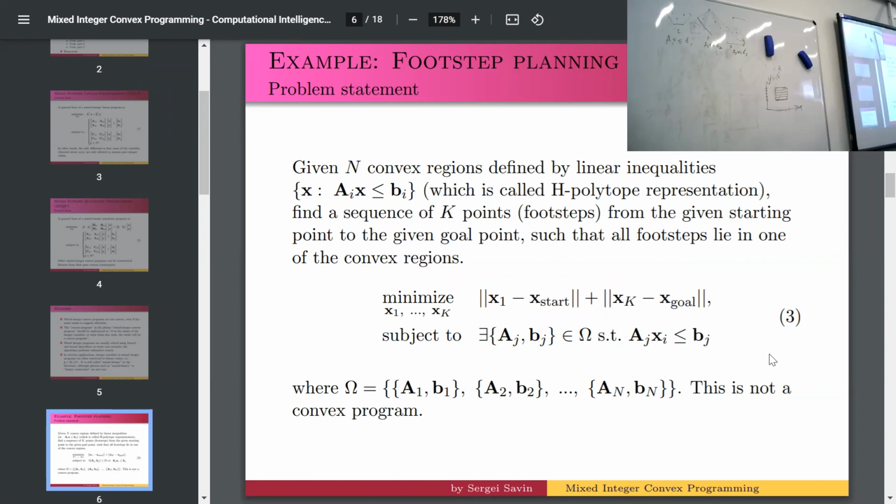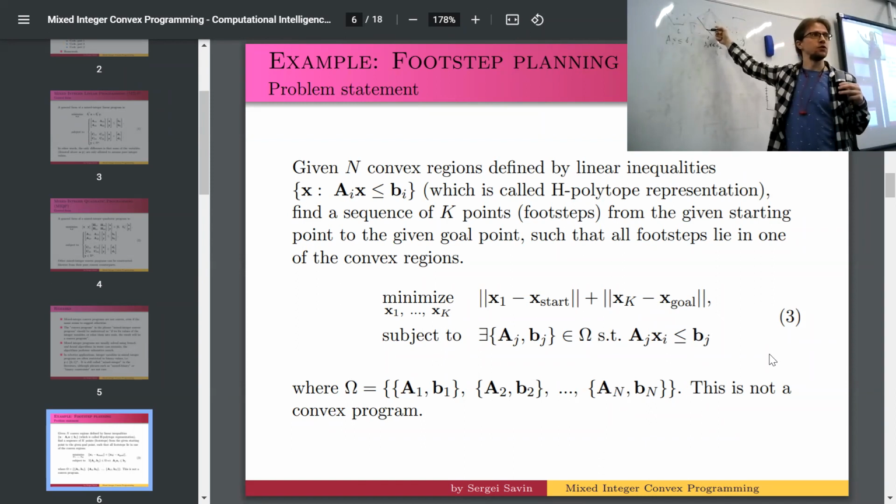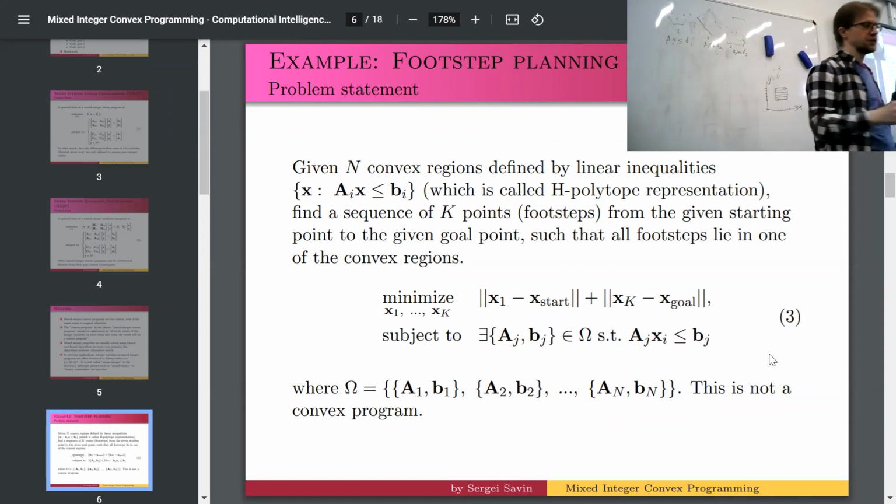So x should be inside at least one of the polytopes. We don't say it should be inside a particular polytope. We say it should be inside at least one of them. That's a big difference, right? For example, this solution is not inside this polytope or this polytope or this polytope. It just happens to be inside this polytope. Big difference.